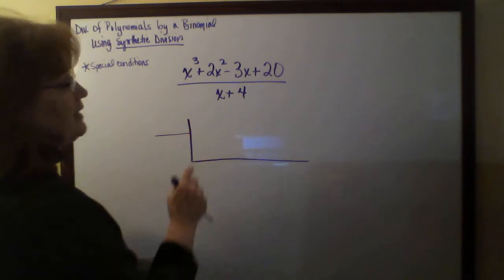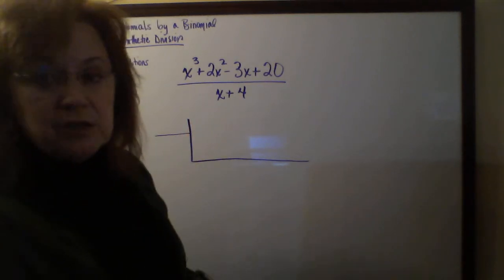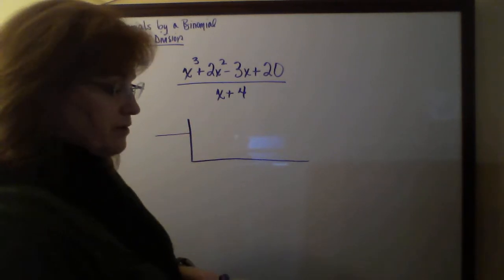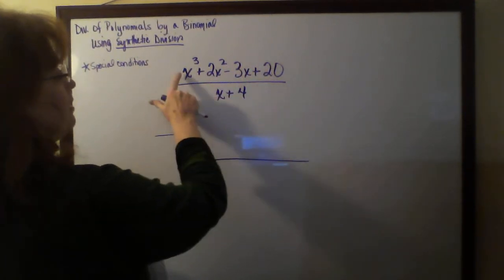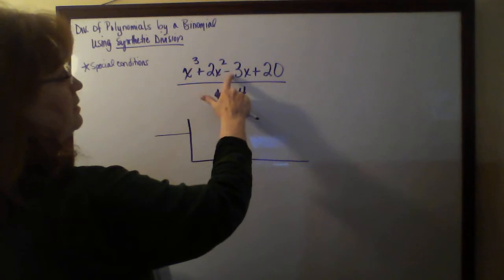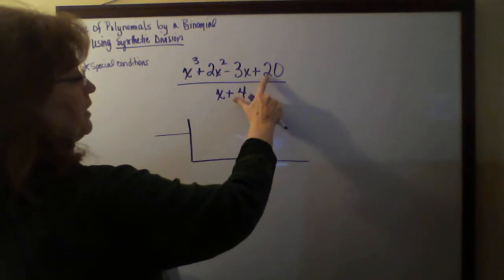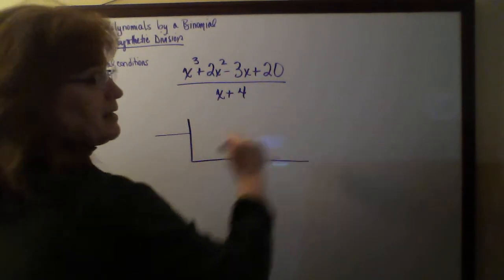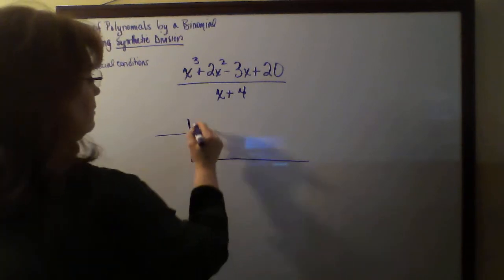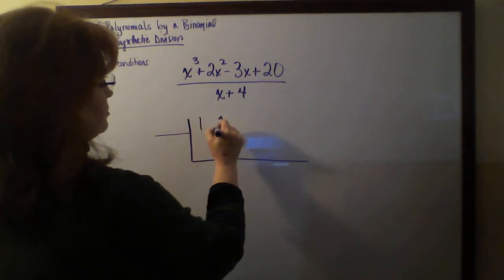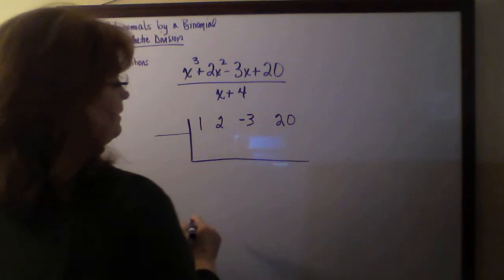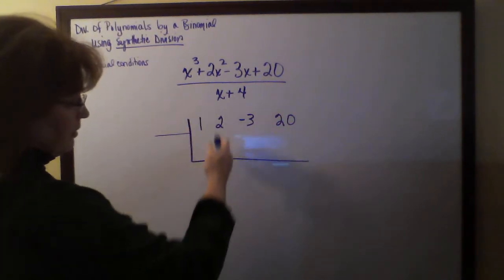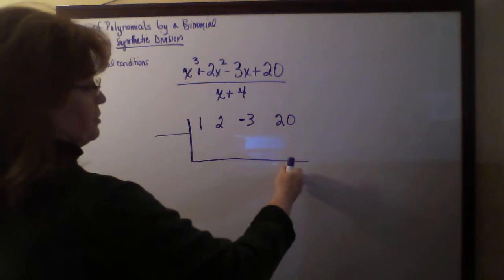So when we're setting up with synthetic division, we only use the coefficients, we don't use the variables. So the coefficients of this 4-term polynomial are 1, 2, -3, and 20. And they have to go in order, and I'm going to make that my top row here. Okay, so 1, 2, -3, 20. Okay, and this is going to create columns that I'm going to use as well in just a moment.